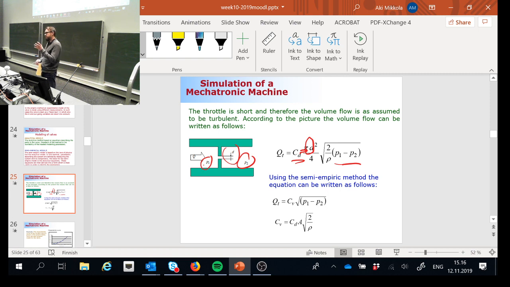This is something you can get again from pre-calculated tables, but it tells you that this simple component already needs two parameters that are a bit challenging to get. One is this discharge coefficient. Of course, you can use CFD to compute it or use pre-calculated tables.